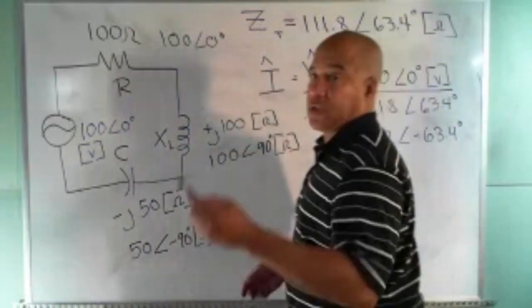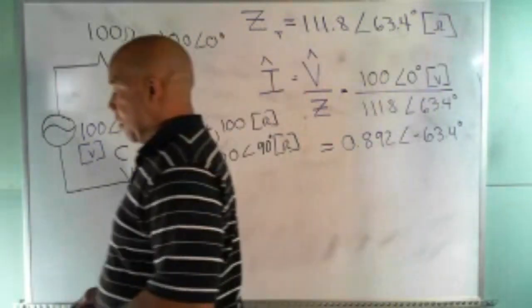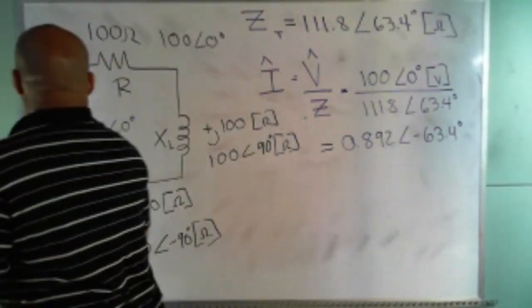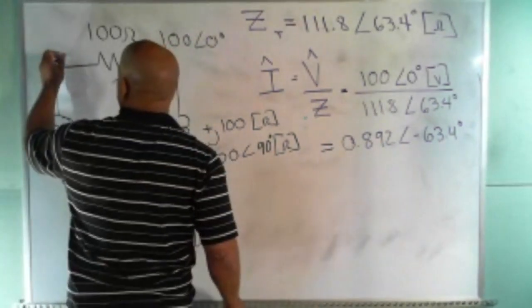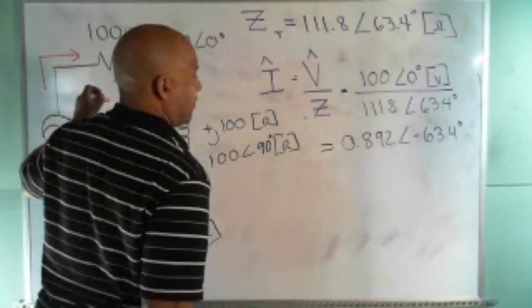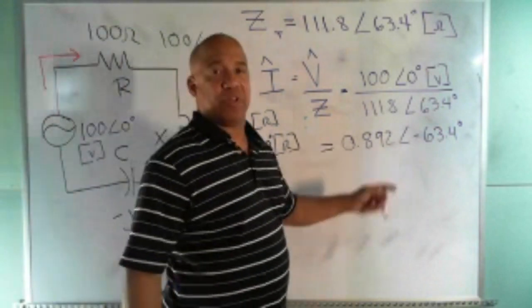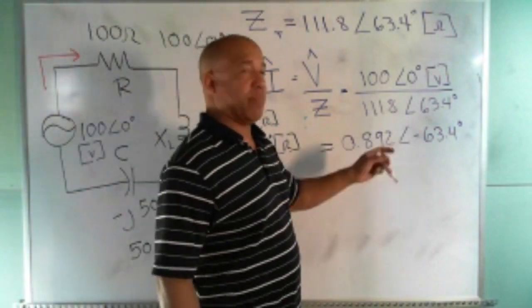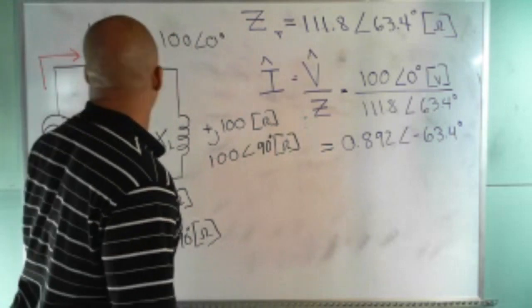Let's compare those. I'm going to use a certain color. Remember your color coding. I don't know if this red shows up or not, but I'll go ahead and use red for my current. If you want to show it in milliamps, you could. You can move it over and show it in milliamps. I guess that might be a little better.